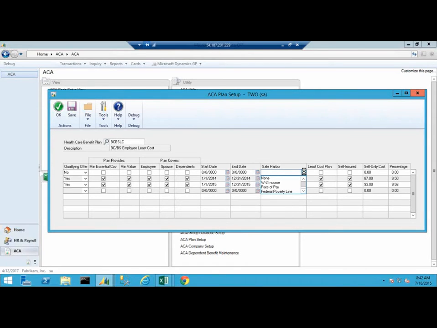The rate of pay is the one that most people use, and it's probably the most misunderstood one. I'll tell you what the law says, and then I'll tell you how people are actually using it. The first is, remember, all of these safe harbors are about maximums. It's the maximum amount that you can take out.